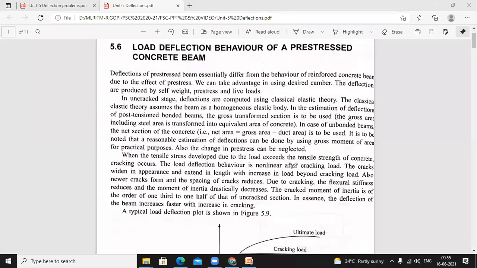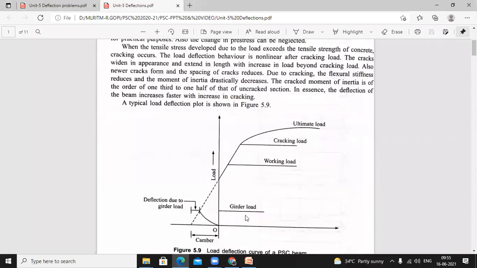Linear means straight, non-linear means curve. After cracking the load, you can see here in this diagram, up to cracking it is linear. You can see this portion, it's a straight line. After cracking, it is non-linear.